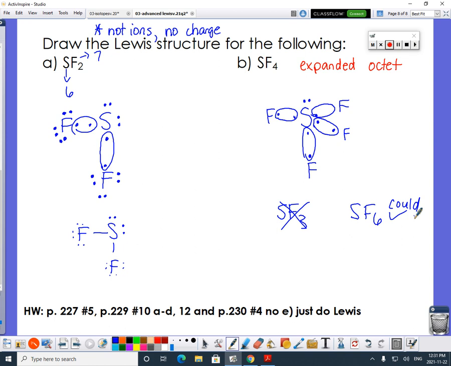So what do you look for when you're asked to draw a Lewis structure? Is there a charge? Like, is it a polyatomic ion? I forget if the questions say, like, do the polyatomic ions, but it gives you the charge, so look for the charge. And then if there's a charge, do it the other way. And then if it's a weird formula, then bubbles might be helpful, okay?